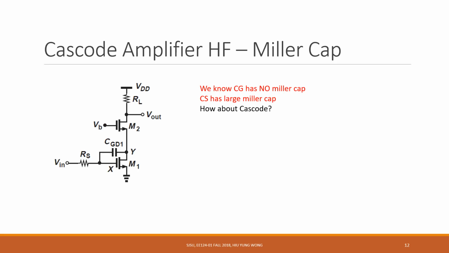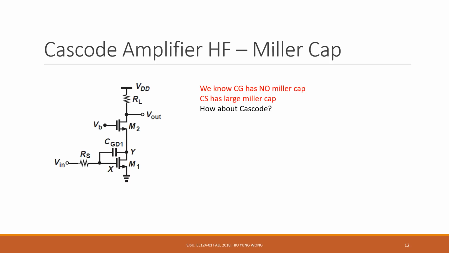Okay. Now I want to move forward to talk about the Cascode amplifier. For Cascode amplifier, do you remember what is a Cascode amplifier? We will have a bias transistor on top of this common source amplifier, right? So we have very large Rout, and Gm is still Gm of M1, right? And then what we are afraid of is the Miller effect, the Miller capacitance.